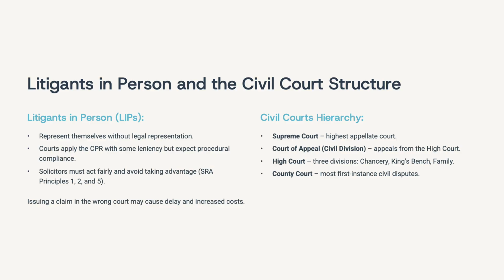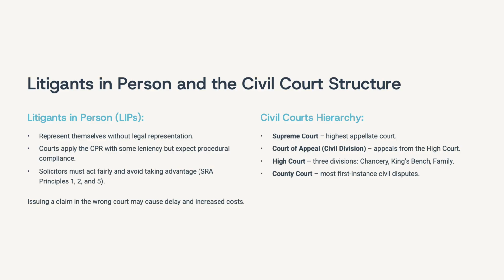Now, zooming out, we have the civil court hierarchy. At the top is the Supreme Court, then the Court of Appeal Civil Division, because we are talking about civil cases, followed by the High Court with its Chancery, King's Bench and Family Divisions, and finally the County Court, where most everyday disputes start, like contract or small claims and all.